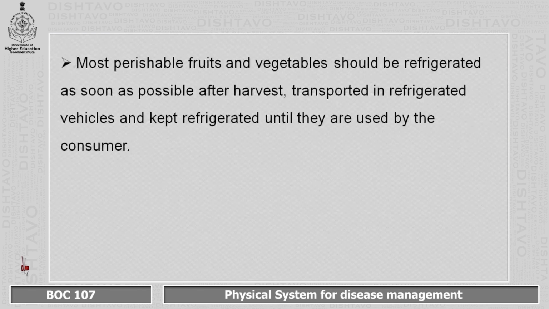So most perishable fruits and vegetables should be refrigerated as soon as possible after harvest, or transported in refrigerated vehicles and kept refrigerated until they are used by the consumers.